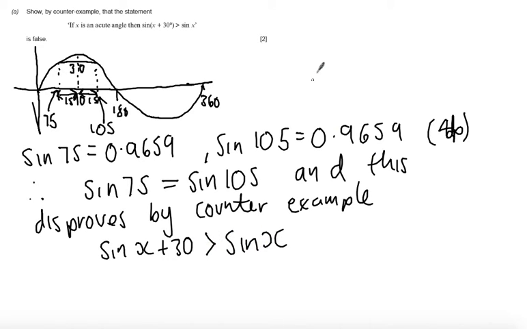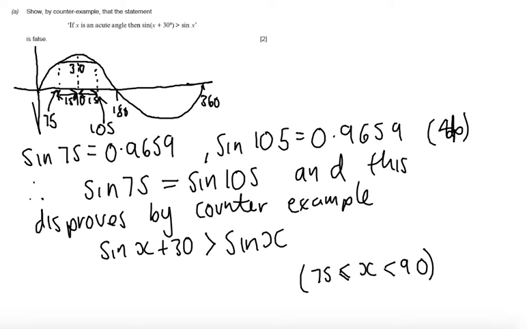And in fact, as long as you pick a value of x that lies between 75, it can be equal to 75 as we've seen in this example, but less than 90, so in that small range there, as long as you pick an initial value of x between there, this will work.